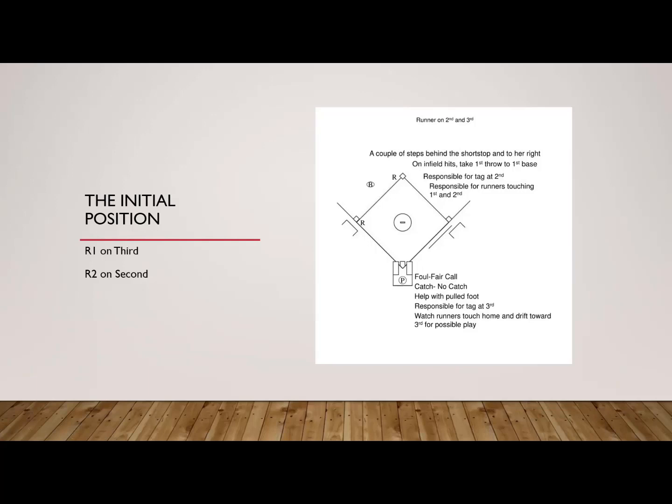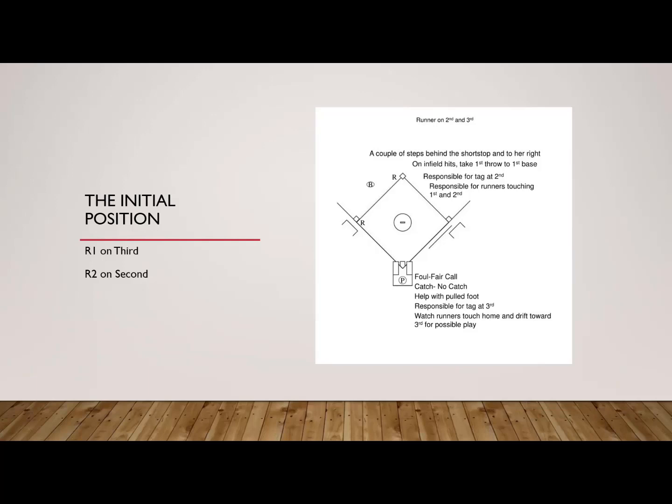Sometimes in that C position, it's difficult to see a pulled foot. So if you are not sure, or a coach does say, hey, she pulled her foot, you as the base umpire in that position will call out if she is out.